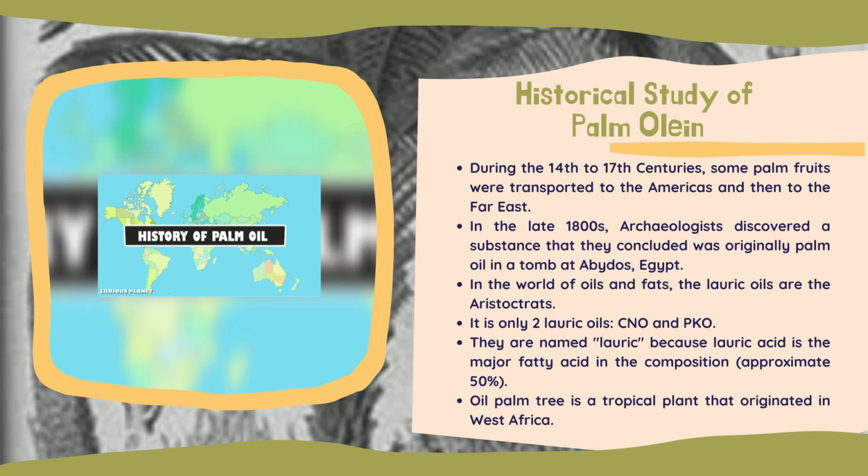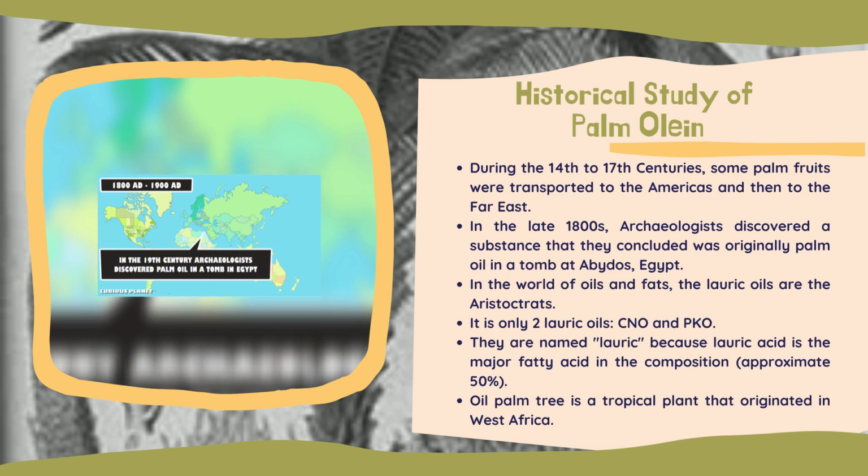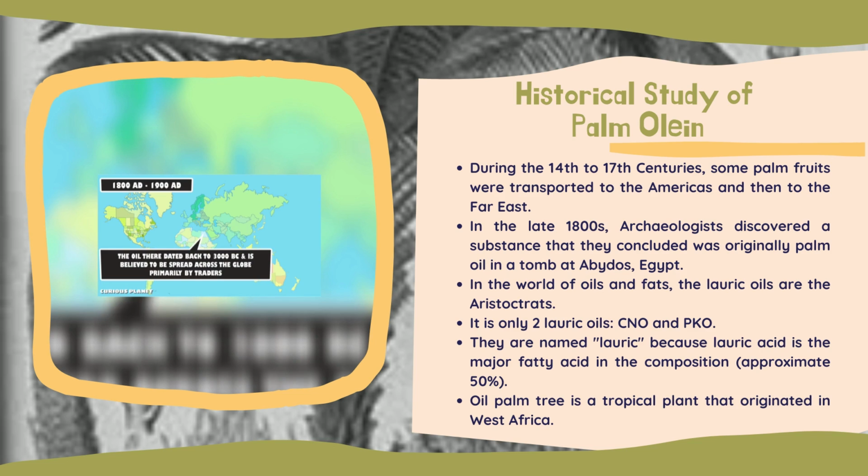During the 14th to 17th centuries, some palm fruits were transported to the Americas and then to the Far East. There are written records of palm oil being used as a local food source by European travelers to West Africa in the middle of the 15th century.